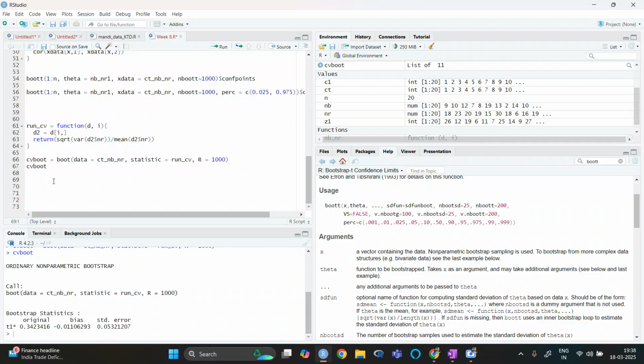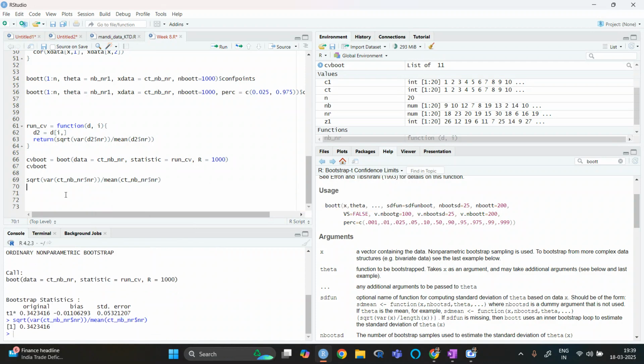Just for verification, if I take the real one, CT, NB and NR divided by the mean of CT, NB and NR, you can see this one is the original coefficient of variation for runs. This one is the biasness and this one is the standard error.